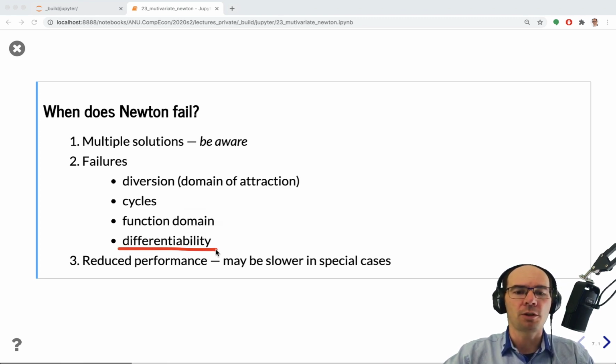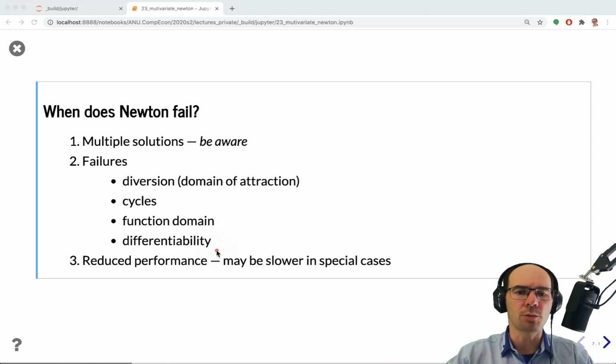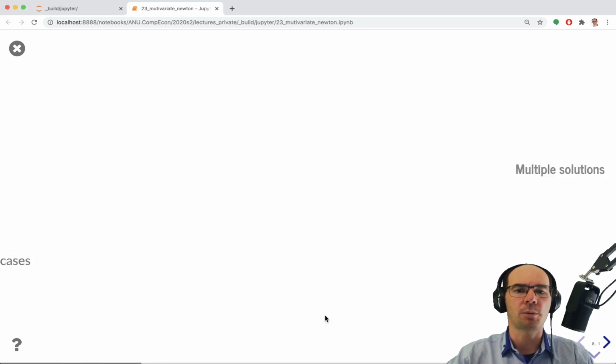Similarly, if the gradient of the function doesn't exist, then we get into the trouble of differentiability. And that's another thing to be aware of when applying Newton. Now, unfortunately, Newton can have really bad cases sometimes with reduced performance. But this is quite special, but we'll look at that. But I can tell you that in economics, I've never seen it happening.